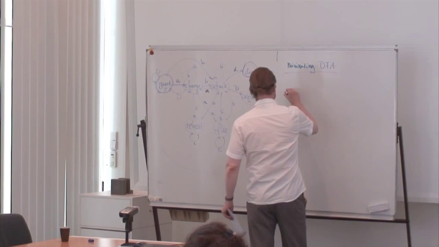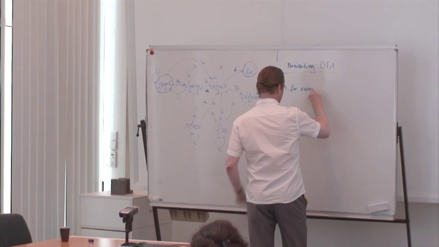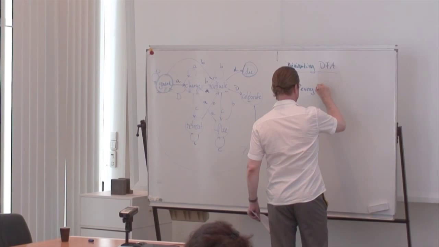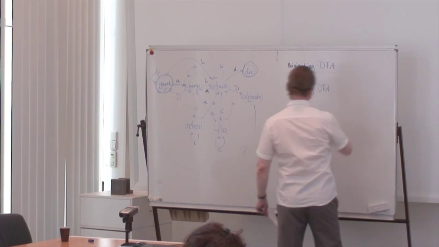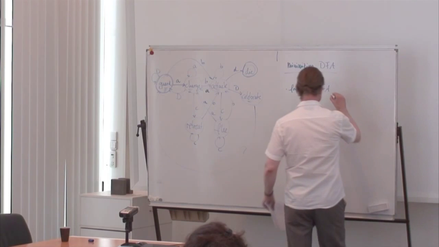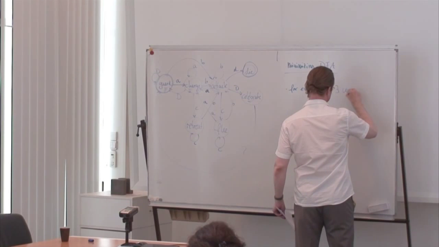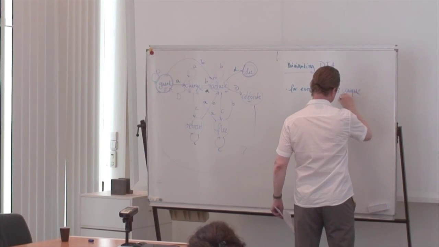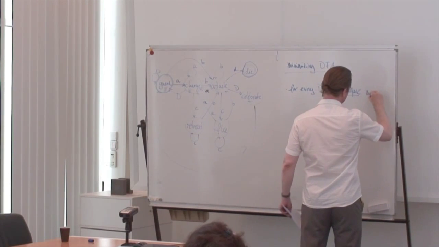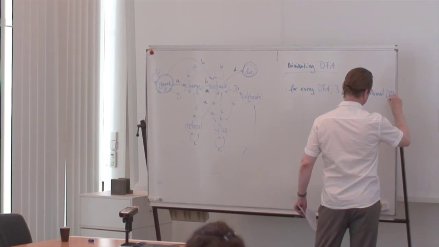But it is well known, there is a theorem that for every DFA, deterministic finite automaton, such as this one, there exists a unique, and this is important, unique minimal DFA.